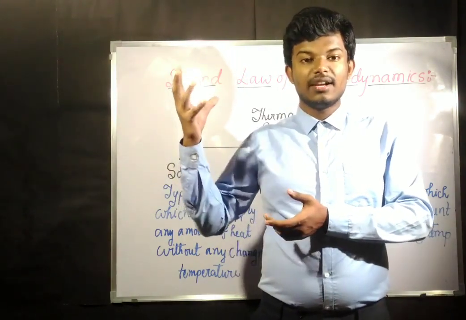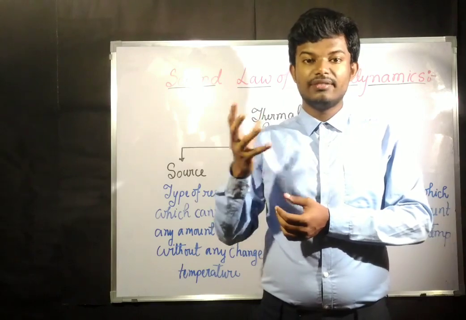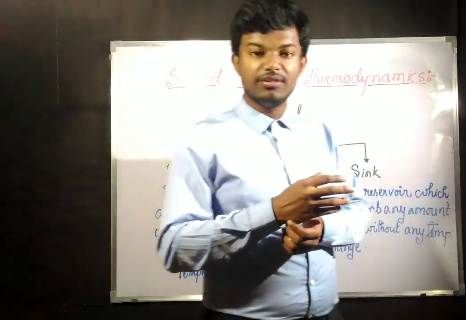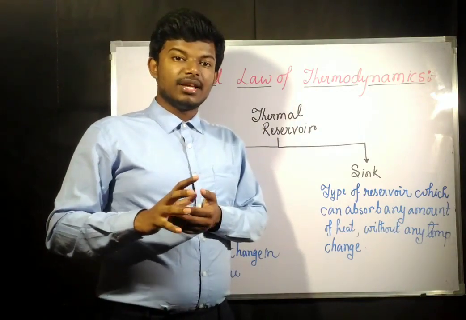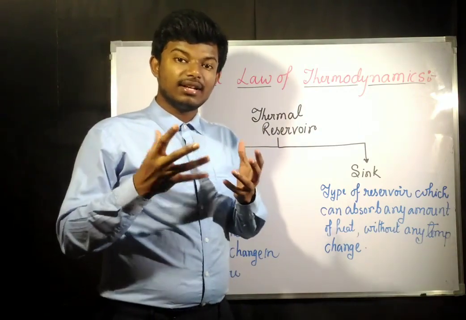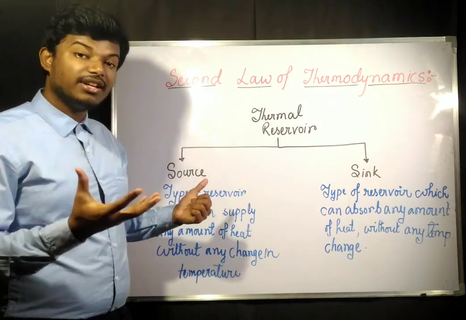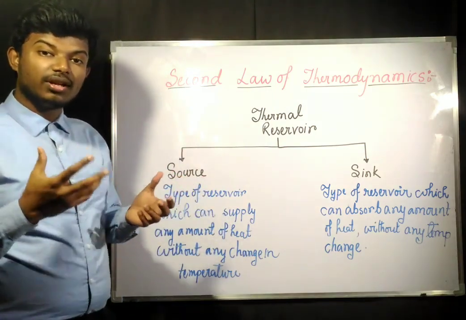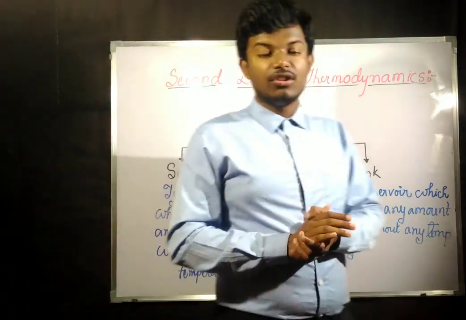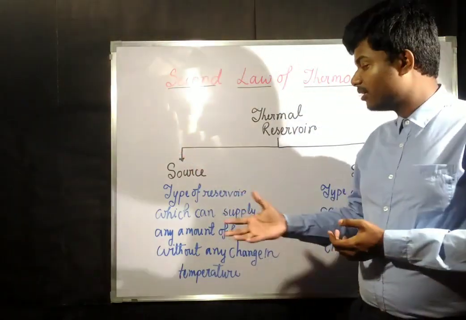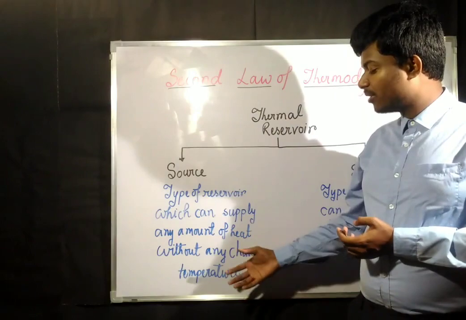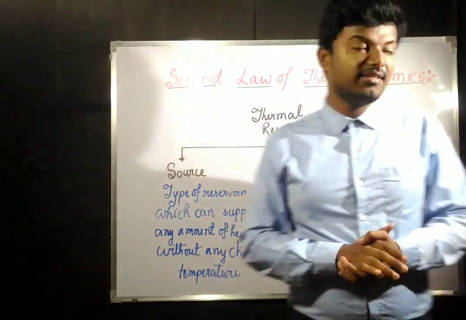Whatever heat it gives to the Earth is very negligible compared to the amount of heat the sun is storing in itself. So a perfect example for a source can be the sun.